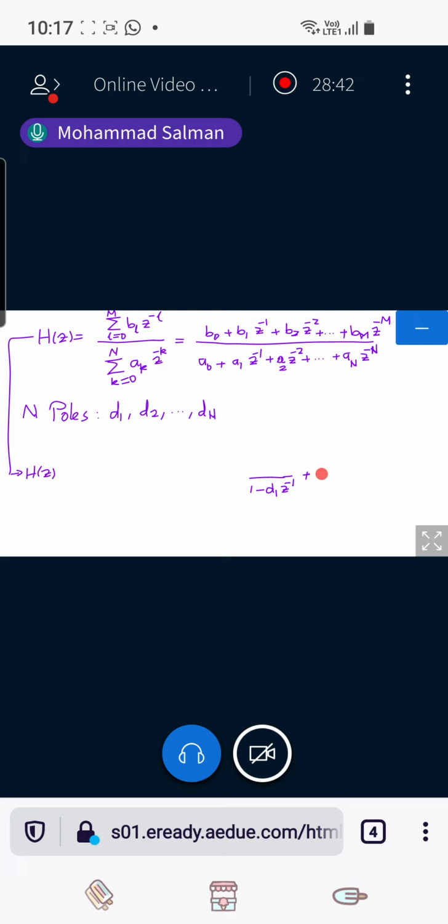Plus b, for example, over 1 minus d2 z to the power minus 1 plus etc. up to something over 1 minus dn z to the power minus 1, isn't it? Now here what we have in the numerators, we will have a, b, c, d, etc. So let's call them a1, a2, a3, a4 up to a sub n.